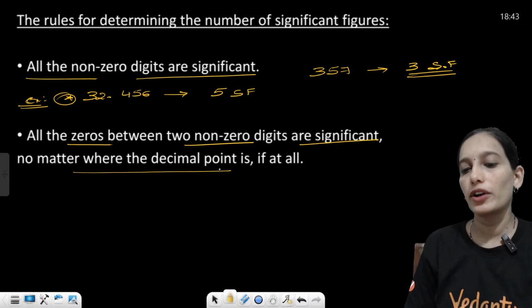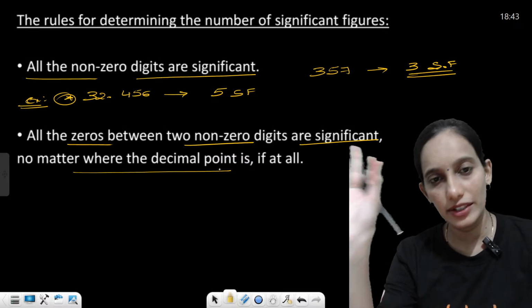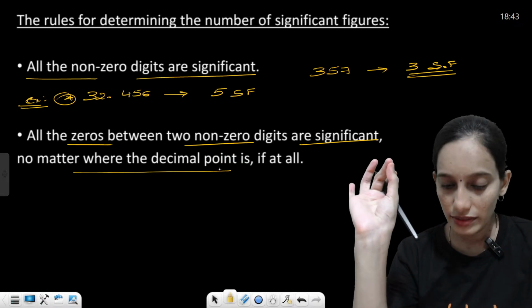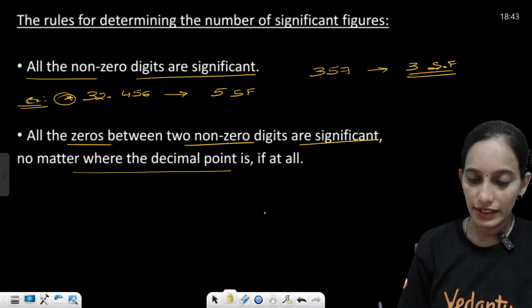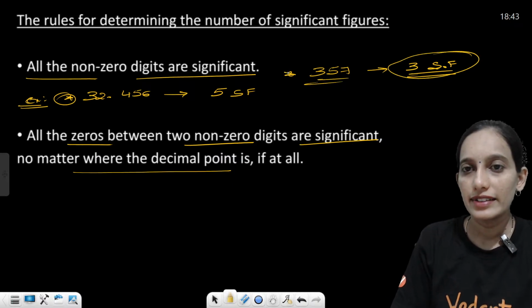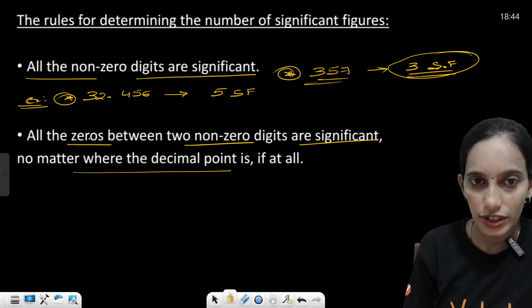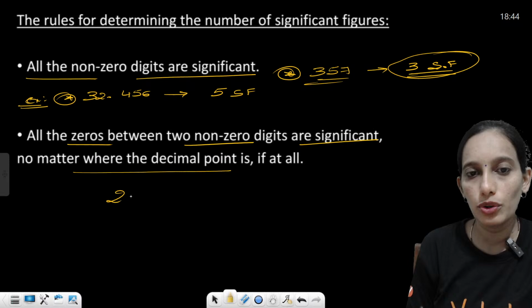Whether there is a decimal point in the number or not, the zeros between two non-zero digits are significant. Yes, there are 3 significant figures in the second example. Very good. Let's take an example of zeros between two non-zero digits. Let me say 205.